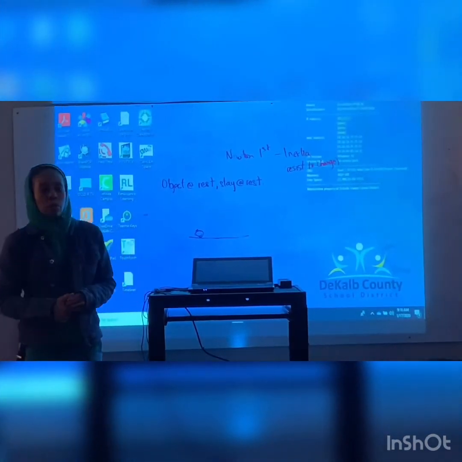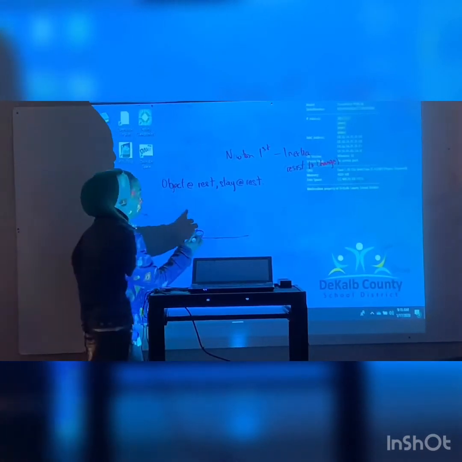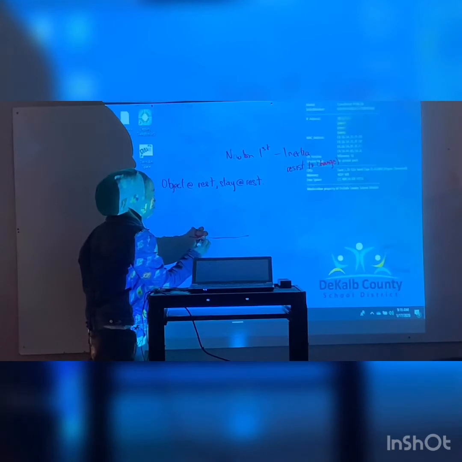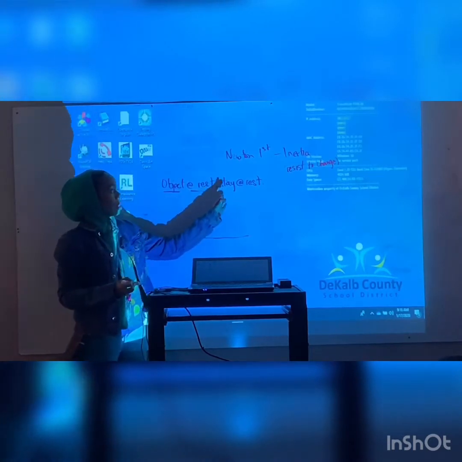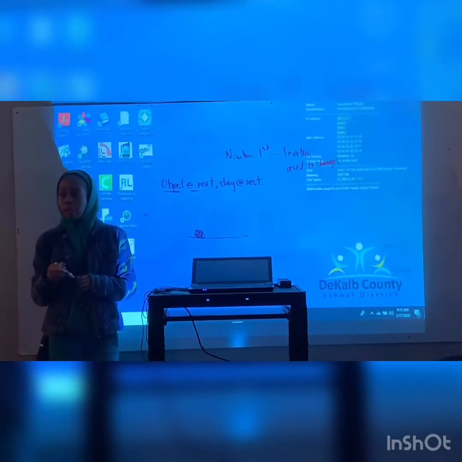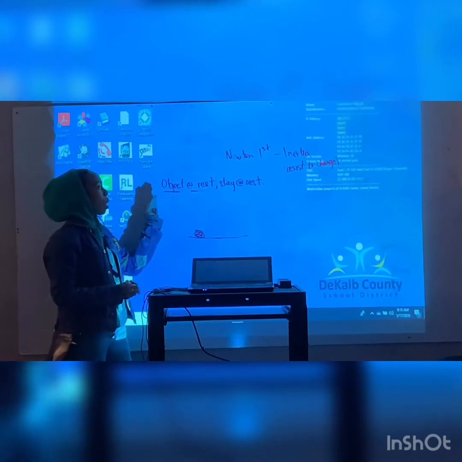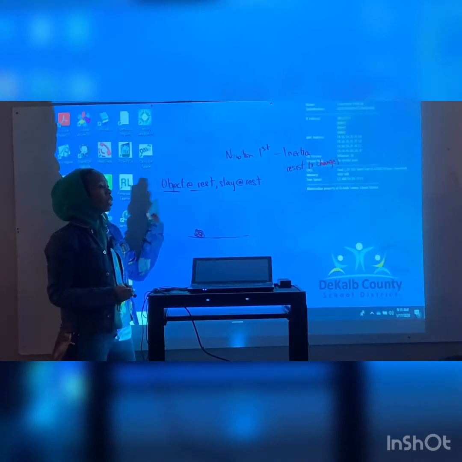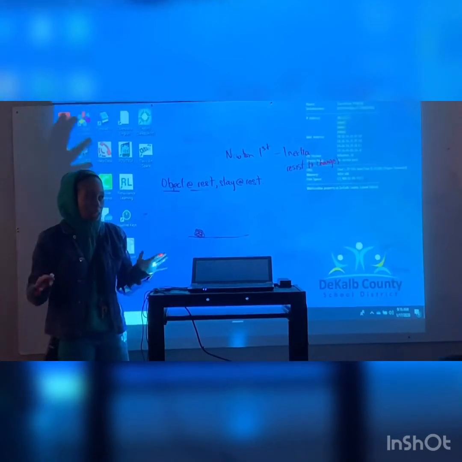Will it move? If there's nothing to move it, will it move? No. Because an object at rest will stay at rest, right? What will make it move? Wind or another force, right? So an object at rest will stay at rest unless something, an unbalanced force, causes it to move, right?